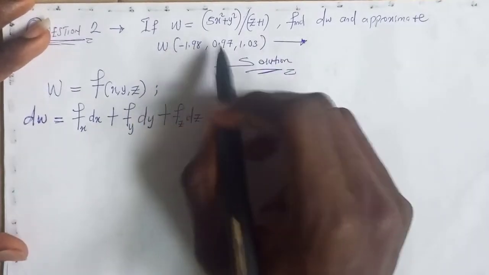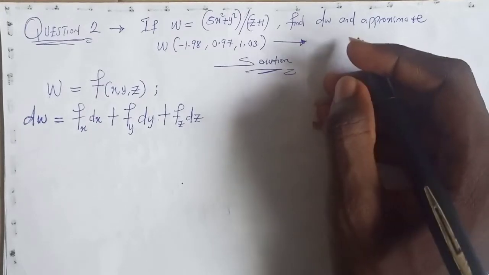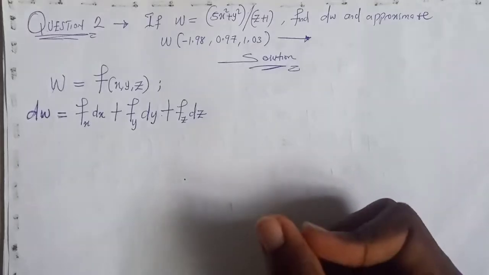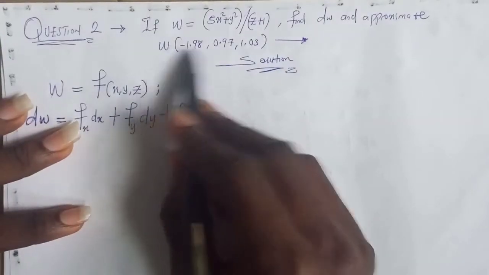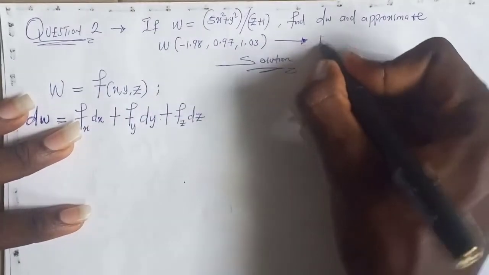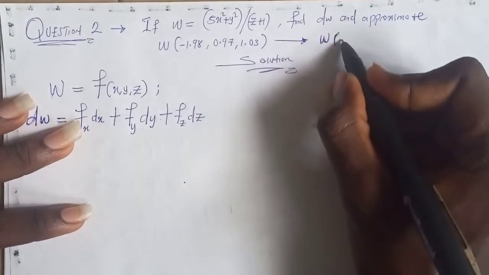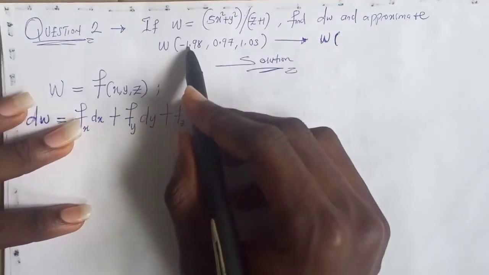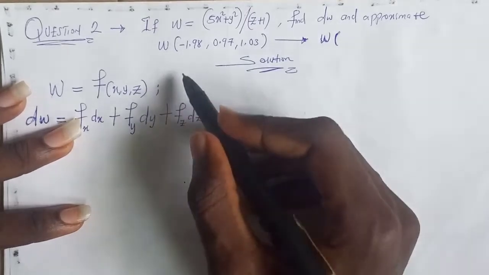Let's adjust the point given to us here, so that we can approximate this expression using this point. I just have to make a slight adjustment, just like the previous example.